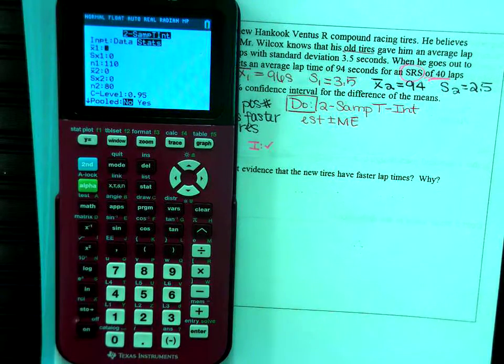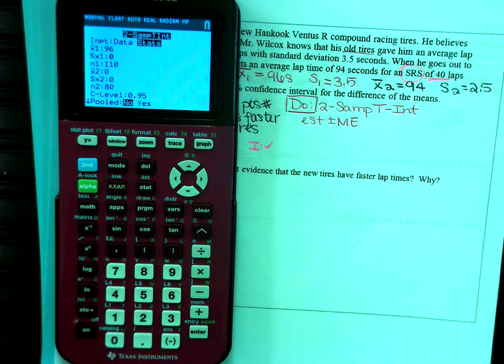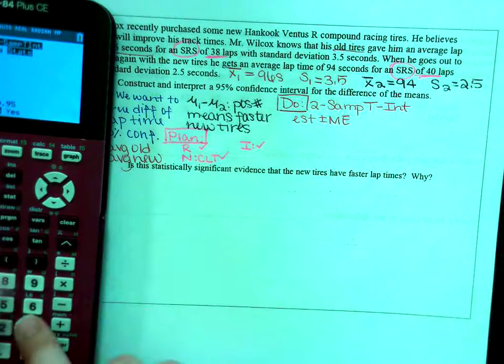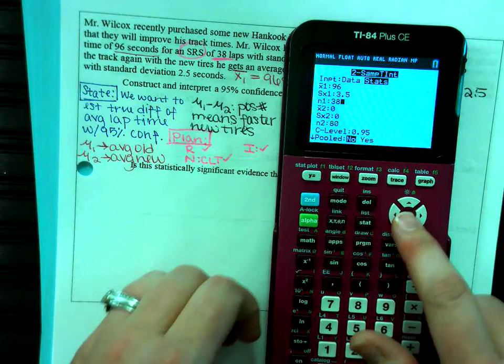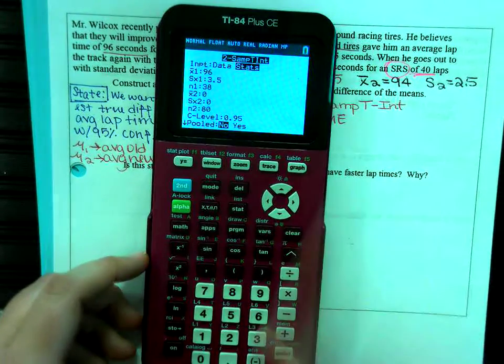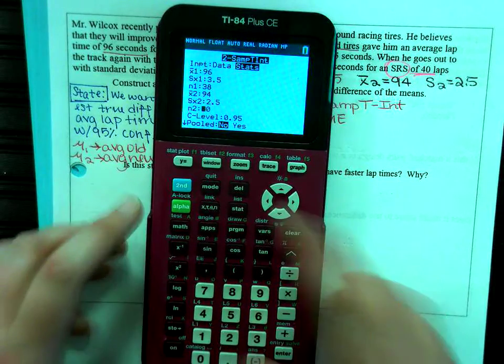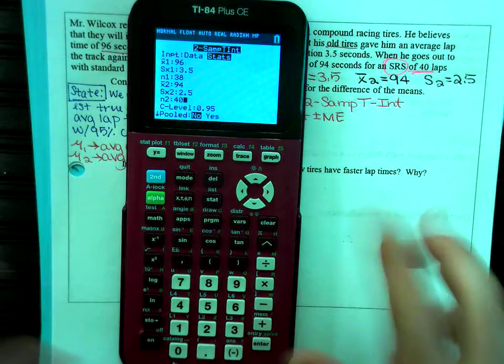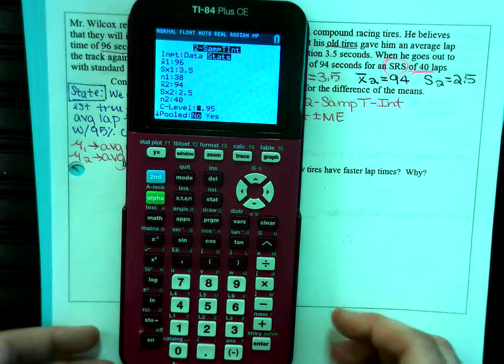So X bar 1 was 96. Standard deviation for the first sample was 3.5. And the sample size for the old tires was 38. And then X bar 2, 94. Standard deviation for our second sample, 2.5. And 40 laps there. And what confidence level?